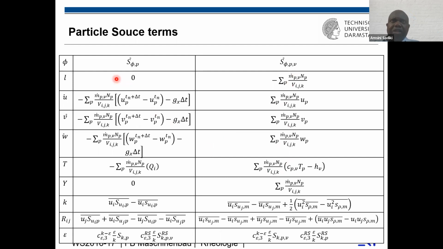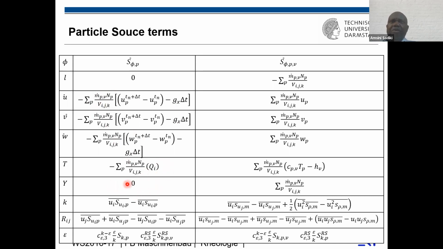So we have, if we have 1, we have 0. This is what I have already explained in the x direction. It is in the y direction and the z direction, and this is 0 here. It is also 0. For the temperature, we obtain exactly the same as this here, multiplied by the heat we have put there.